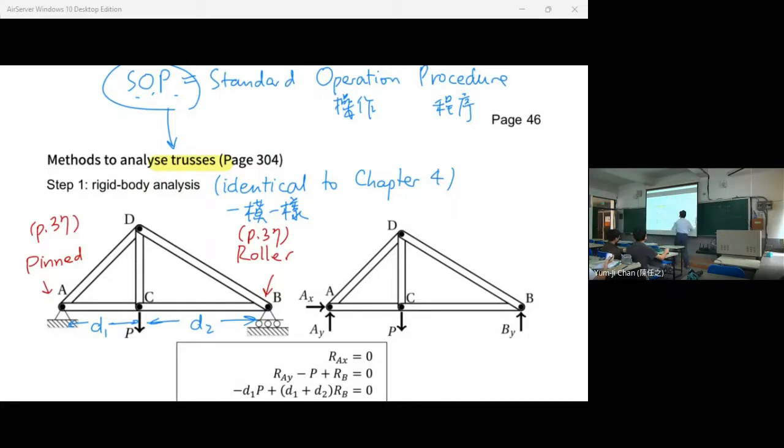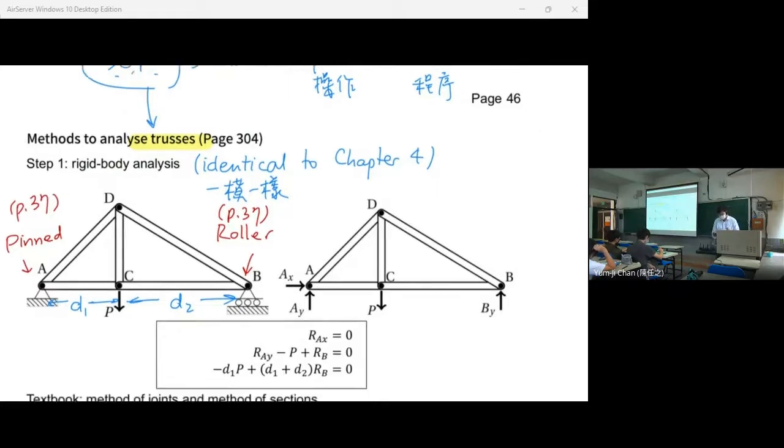For pin support, we can rotate, but we cannot move left and right, so we have AX, and we cannot move up and down, so we have AY. On the right we have a roller joint, so it can move left and right, so we do not have a force there. We cannot move up and down, so we have a support force By here.